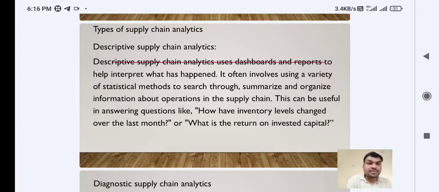By this, we can analyze how much raw material we required, how much has been used, and how inventory levels have changed. We can see where material use is more, and we can analyze how much return we will get from this supply of material.